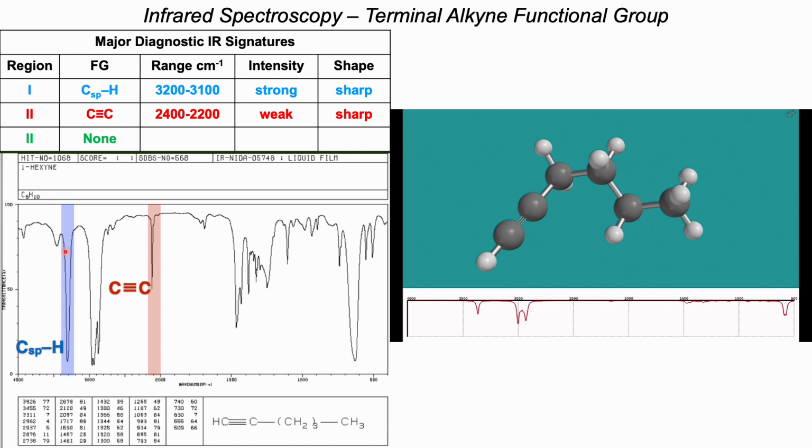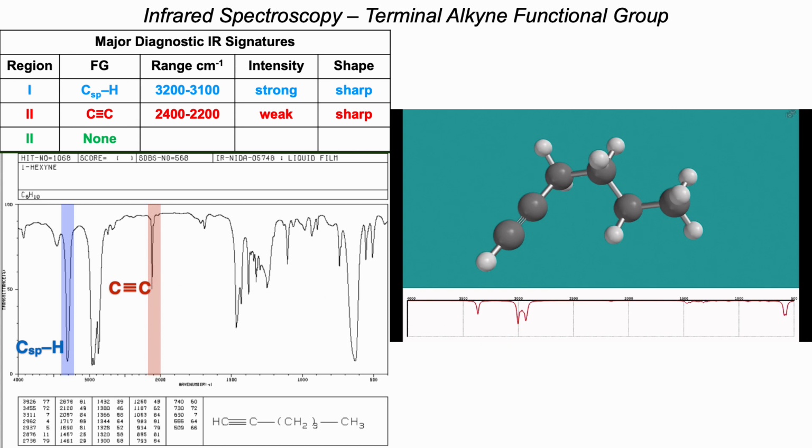Strong, sharp CH stretching. Again, this is for a terminal alkyne. And then we have a pretty weak CC triple bond. And again, that's because the difference in electronegativity between the two atoms is not great, so that leads to the weak intensity.